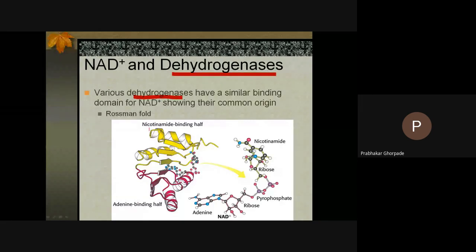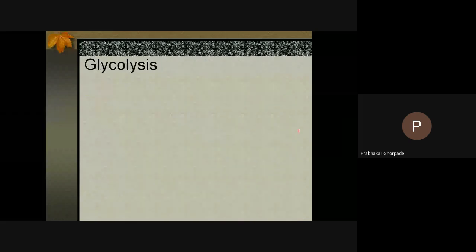For binding with NADH, there is a Rossmann fold. This Rossmann fold is present where NADH binds. This one is NADH and this one is the nicotinamide binding half, and they bind at this side. So dehydrogenases have the Rossmann fold.